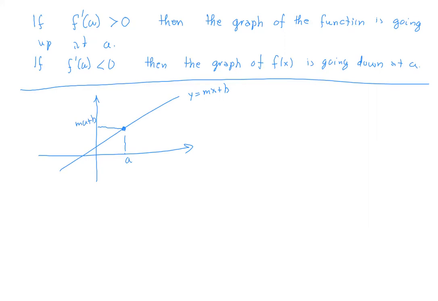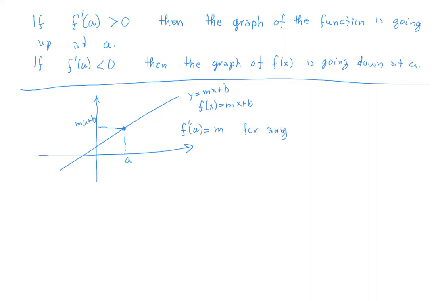Well, ask yourself, what is the straight line that looks like a straight line very close to that point? Obviously the answer is the line itself. And what is the slope of the line? The slope of the line is m. So in the case that f of x is equal to mx plus b, you can argue that f prime of a is going to be m, for any number a.